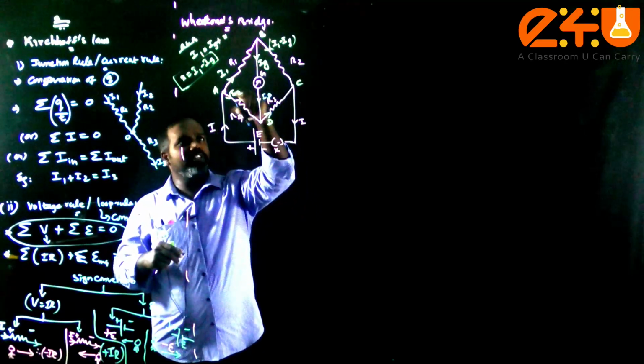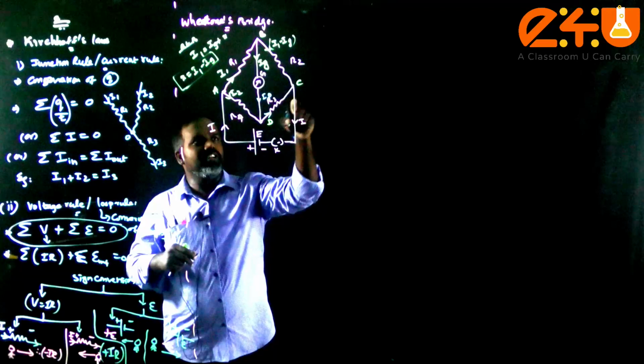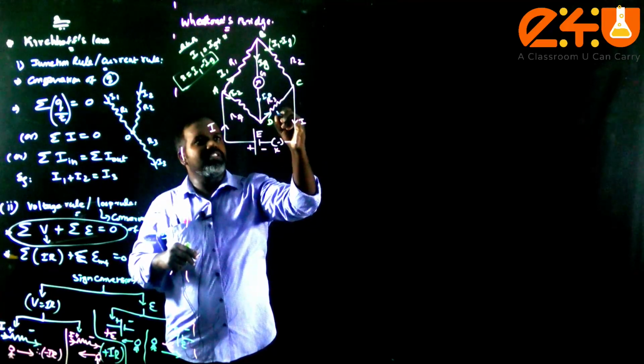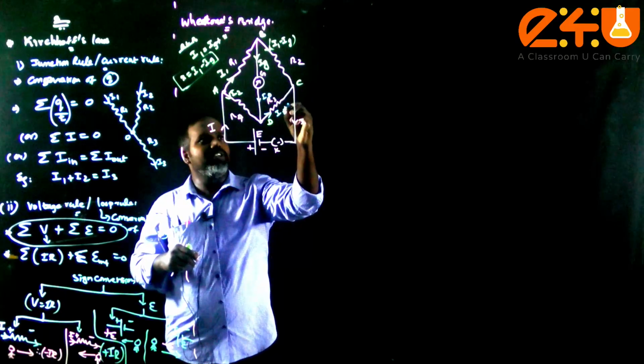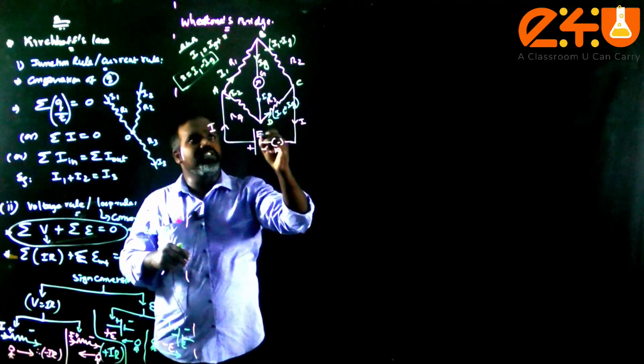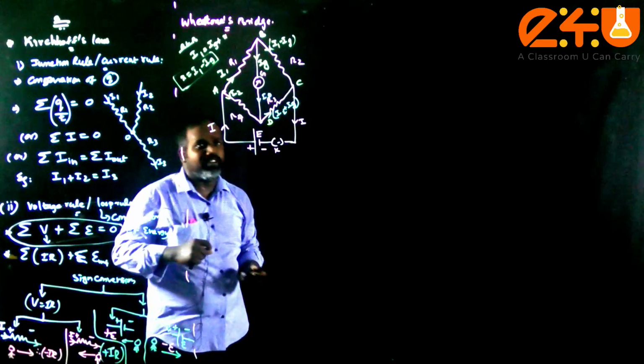Therefore, the sum of current in is equal to the sum of current out, so the current through this resistor is I2 plus Ig. So using the junction rule, we can reduce the number of unknowns.